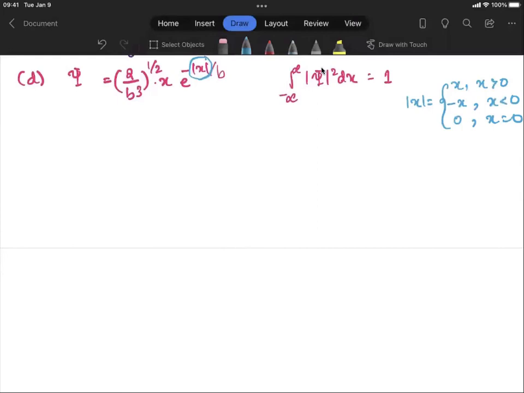So we cannot directly compute the integral from negative infinity to infinity. We will have to split it up such that we compute an integral for all the negative values of x, and then we compute another integral for all the positive values of x. So we'll have to compute these two integrals.